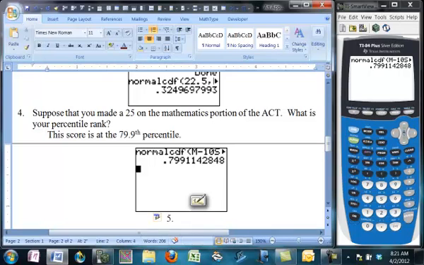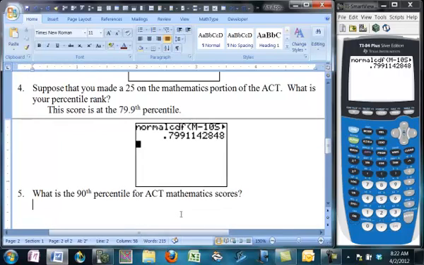Okay, let's do one more question, and this is going to be an inverse probability. So let's suppose this time we know the percentile and we want to find the score. So what is the 90th percentile for ACT mathematics scores? Okay, so this one's backwards, where we know the probability this time. The cumulative probability is 90%, 0.9.